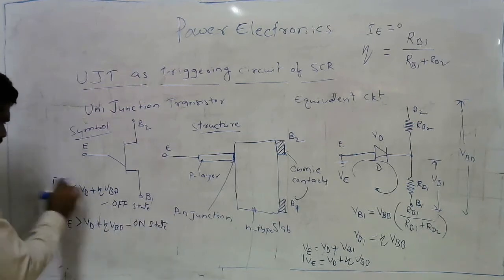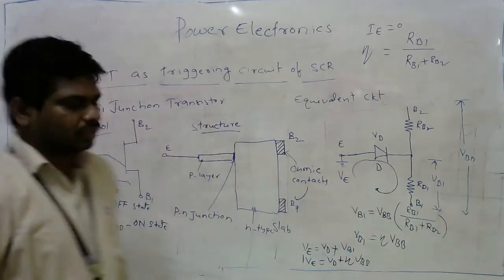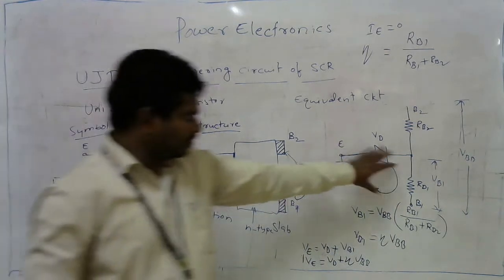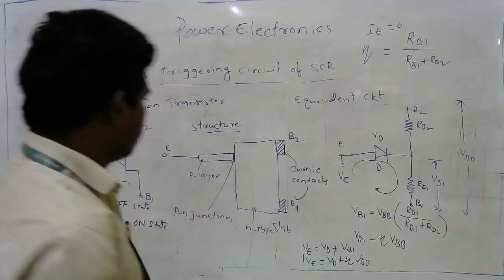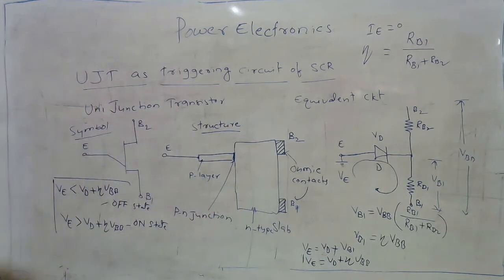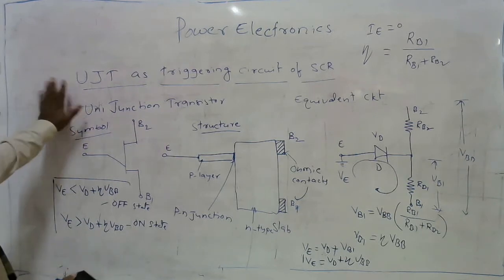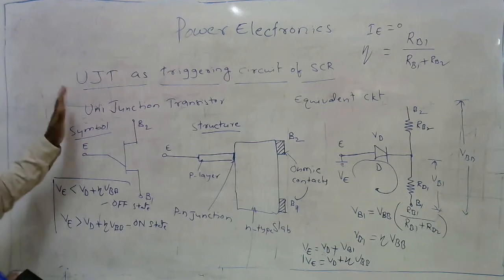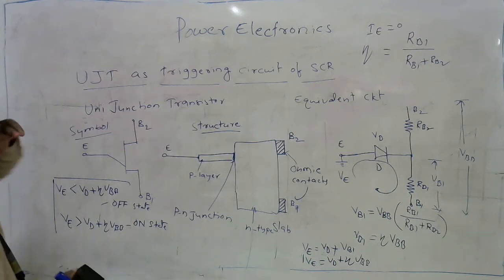This is very important, and this equivalent circuit is very important because this type of circuit is what we are going to use in triggering circuits of SCR, which we will discuss continuously after this brief idea about the UJT. This knowledge is required before going to discuss these triggering circuits.